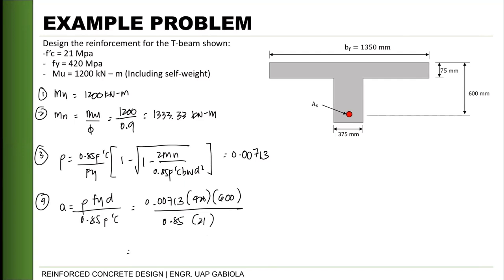Okay, so that is 100.659 mm, which is greater than our HF. Therefore, it means that our neutral axis is below the flange. Meaning, we have a true T-beam.